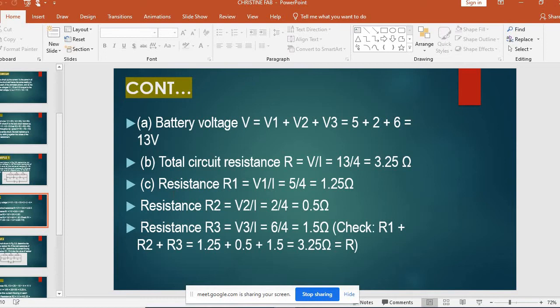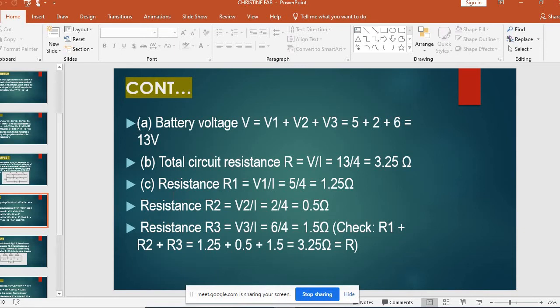We've done resistance 1. Now we do resistance 2, which is R2, and it is V2 divided by current. V2 is 2 volts, and we divide by our current, which is 4. We get 0.5 ohms. Hope you are following.